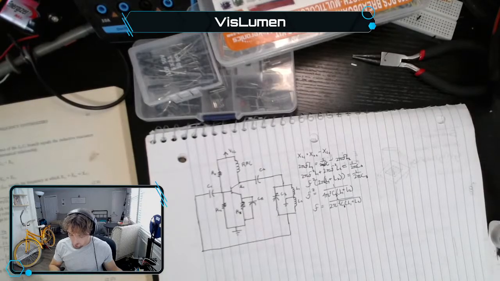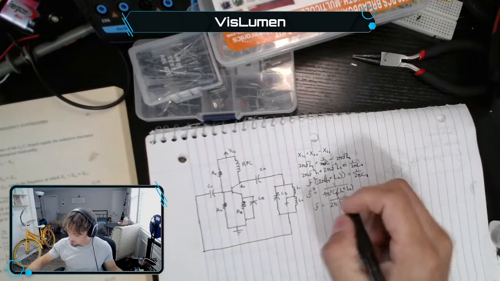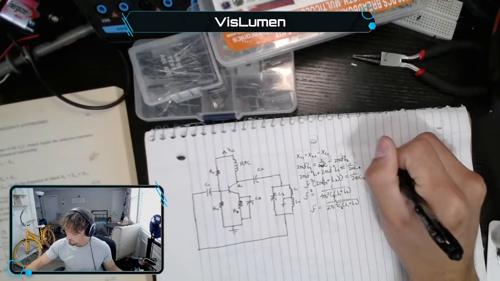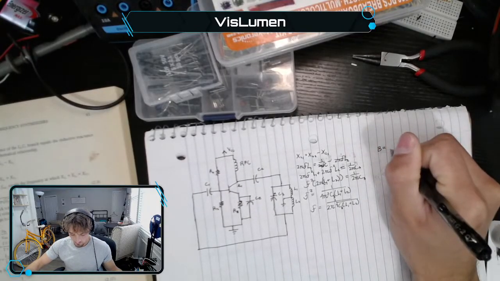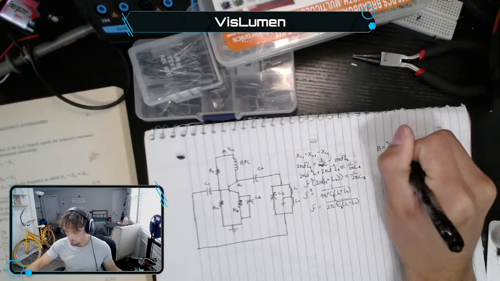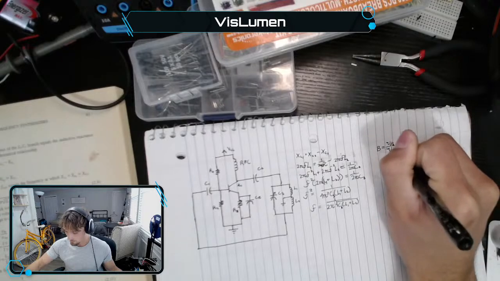As you recall from section 2.1, the ratio of feedback voltage to output voltage is the feedback fraction B. Okay. So, B equals VFB divided by V out.